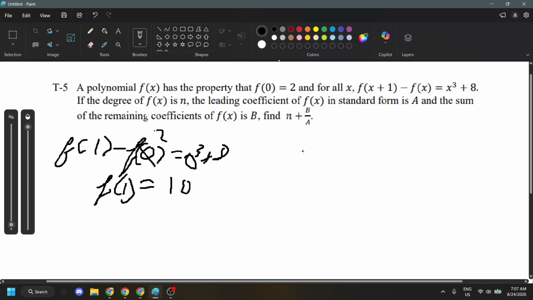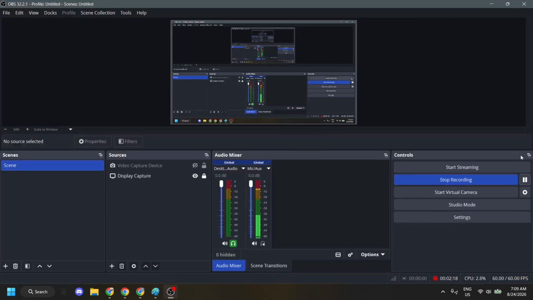We also know if we put in negative 1, this goes to 0. F of 0 minus f of negative 1 is equal to negative 1 plus 8. So I add f of negative 1 to both sides.